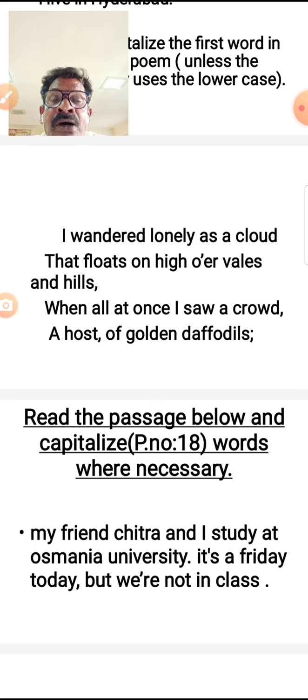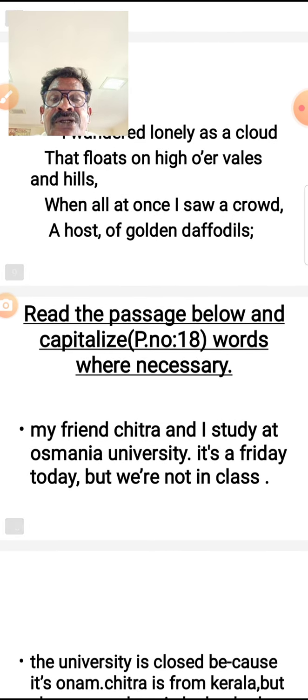Just have a look at this passage, so that you will come to know where the capital letter is needed, is to be written.